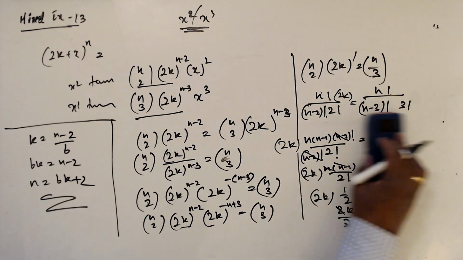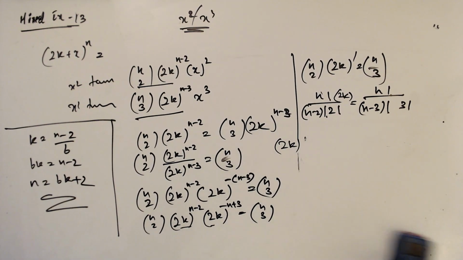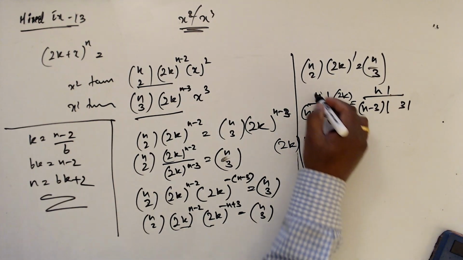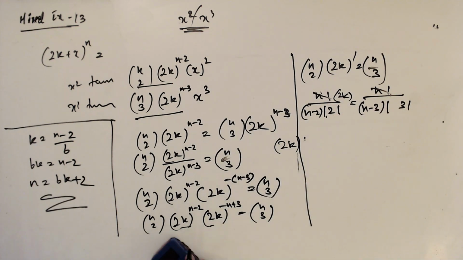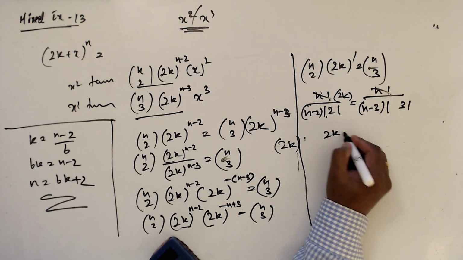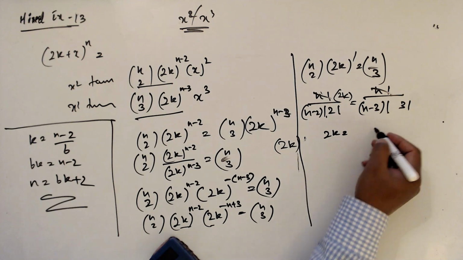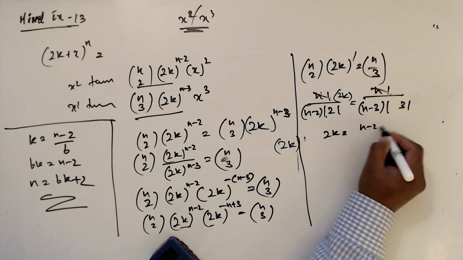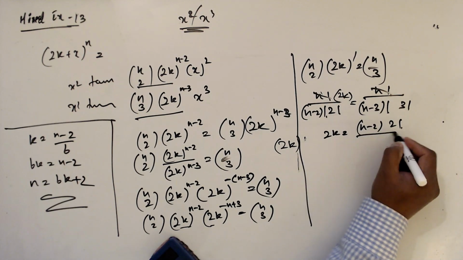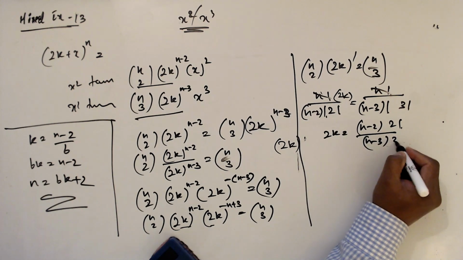We can do another simplification here differently. This is n cancel out. Then 2k equals n minus 2 factorial 2 over n minus 3 factorial 3.